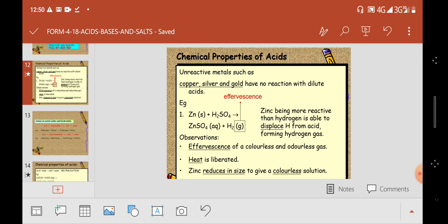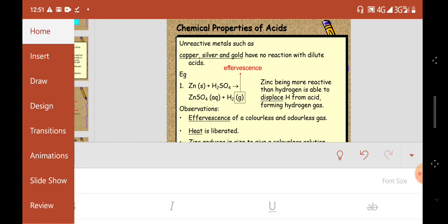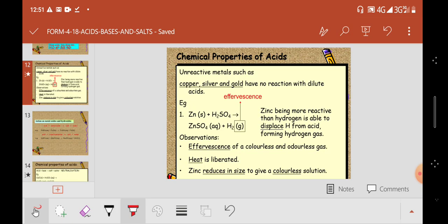We can have another reaction, for example, the reaction between zinc and sulfuric (VI) acid. So far, we have only looked at the observation that involves production of a gas. For example, in this case, we have our hydrogen. The observation, we call it effervescence. But also, acids react by also producing heat.